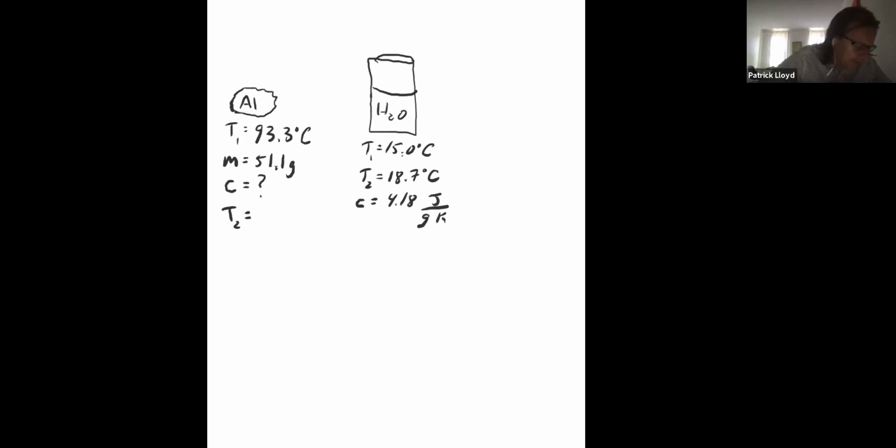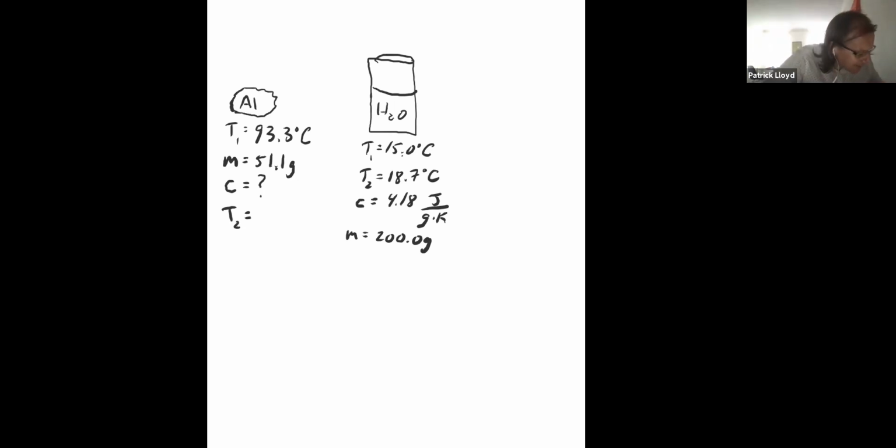Hey, that's just a number that you can look up. We know that value, right? Now, actually, you could look it up for aluminum too, but we don't want to do that for this one. And then the mass of the water is given at 200 grams. So there's all this information.